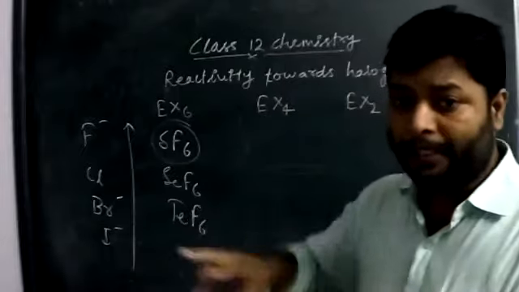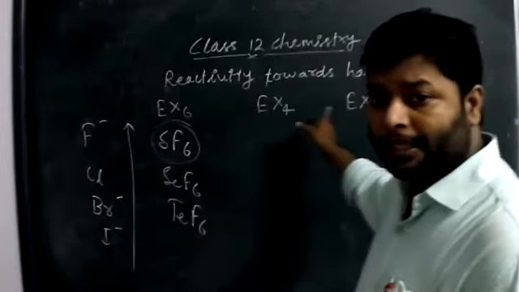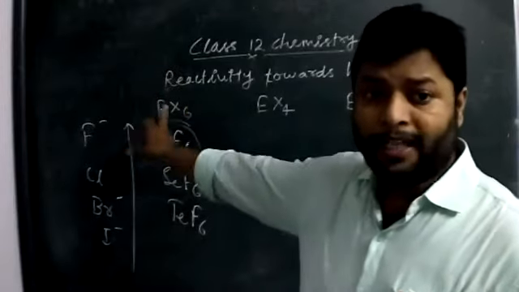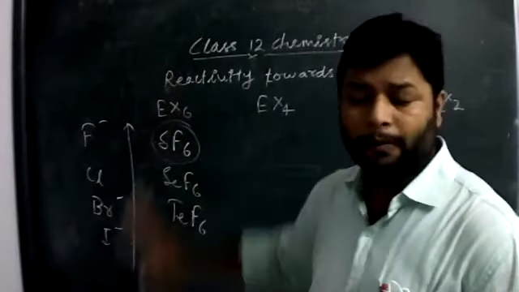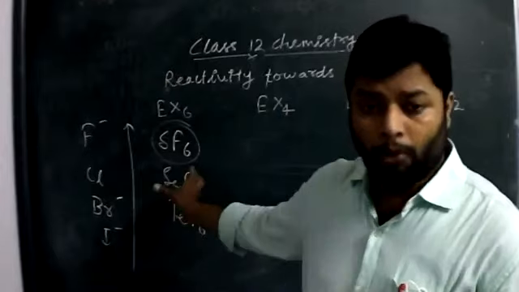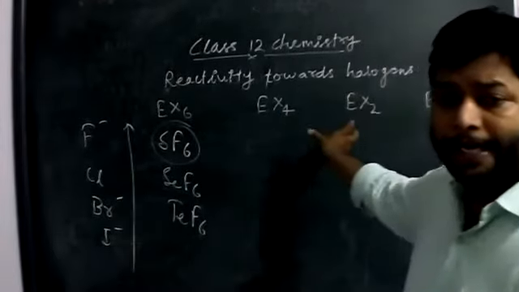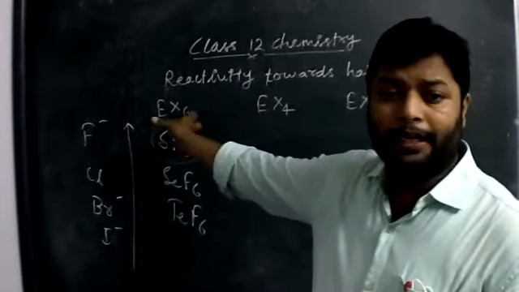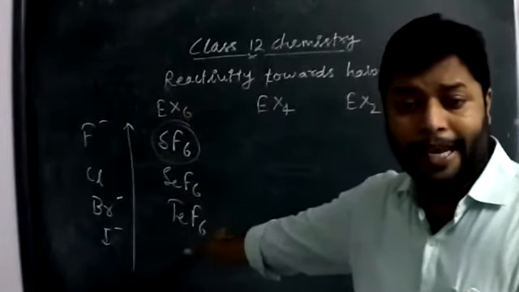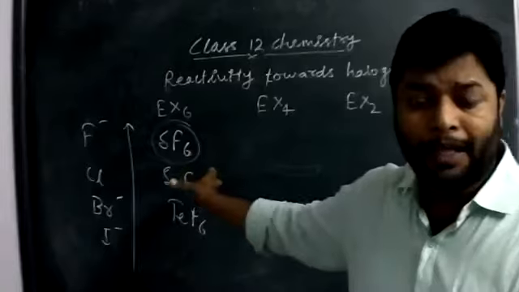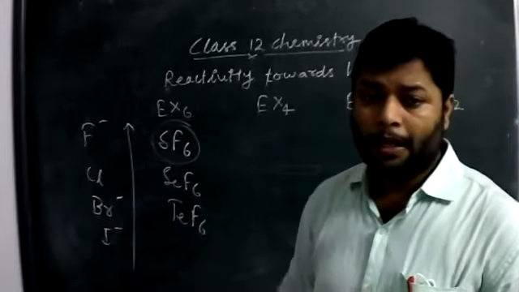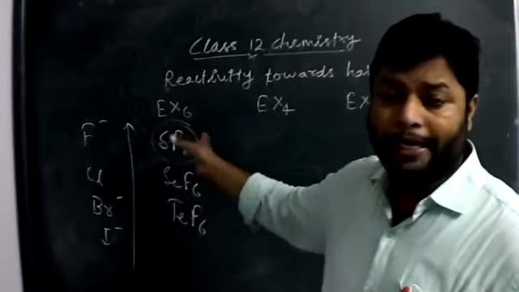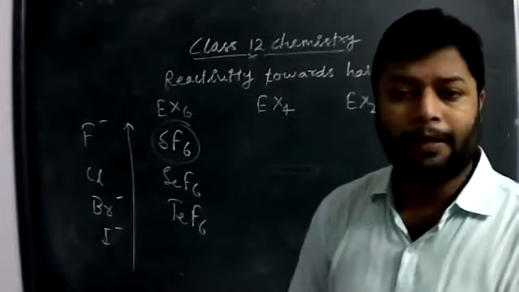So tetrahalides and dihalides might be more stable than hexahalides down the group, in the case of tellurium, polonium, and selenium. But in the case of sulfur, both the hexa and tetra halides are stable.